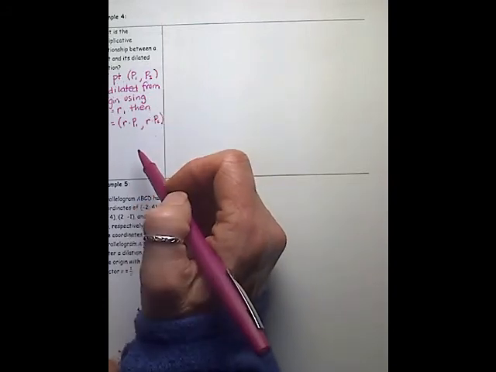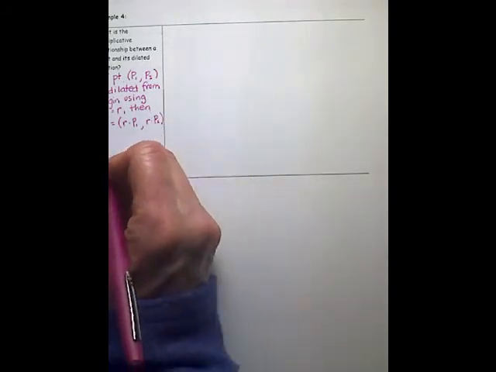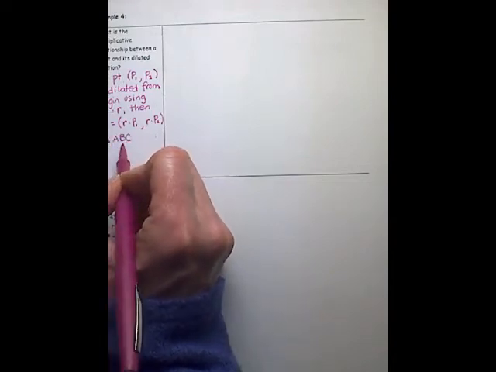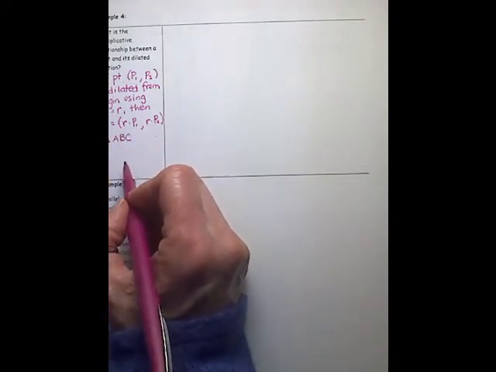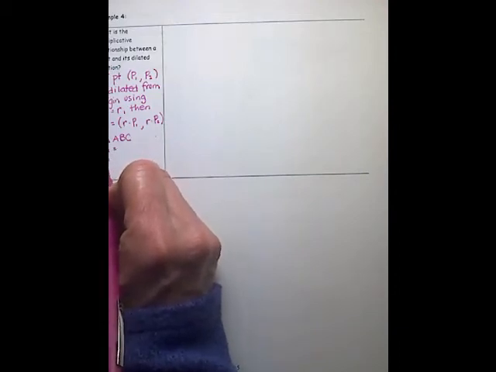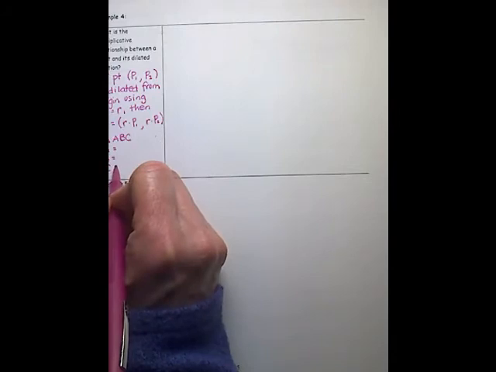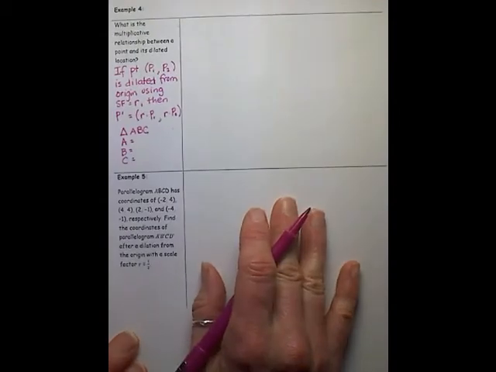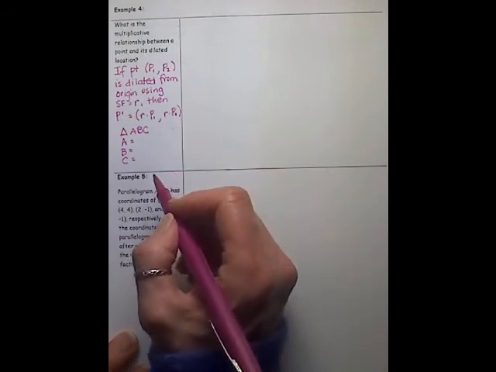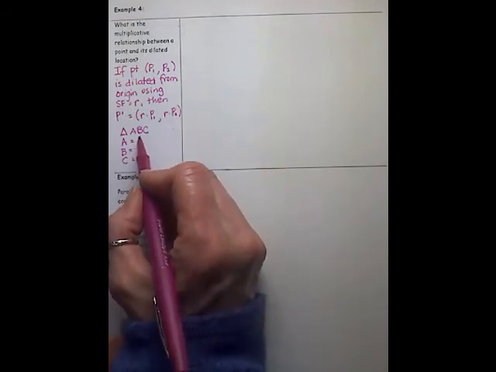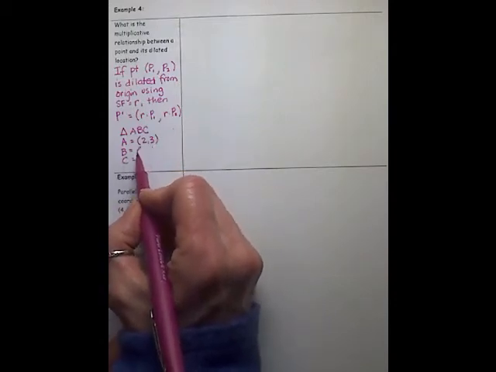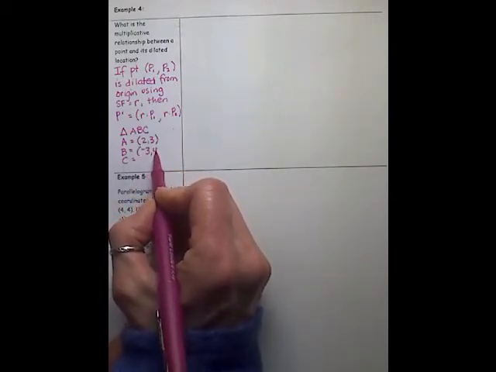We're going to take a look at a two-dimensional shape now. We're going to take a look at triangle ABC. And triangle ABC has coordinates for point A, coordinates for point B, and coordinates for point C. Please include this in your notes. Our coordinates for A are 2, 3. Our coordinates for B are negative 3, 4.